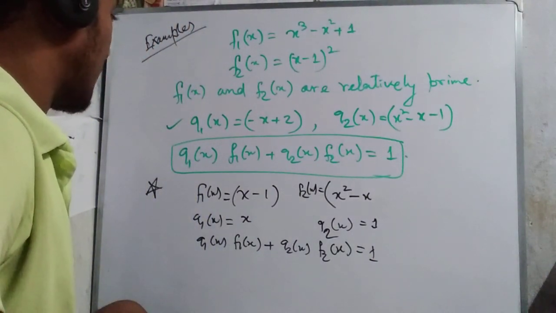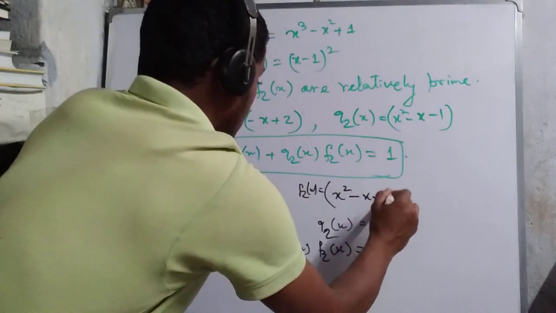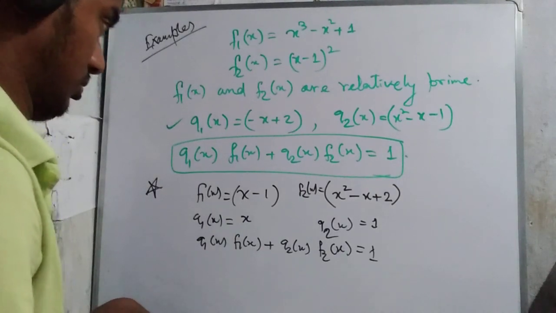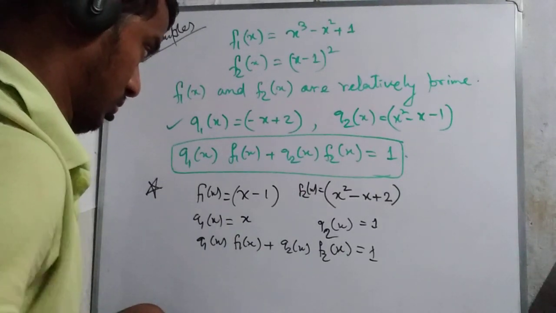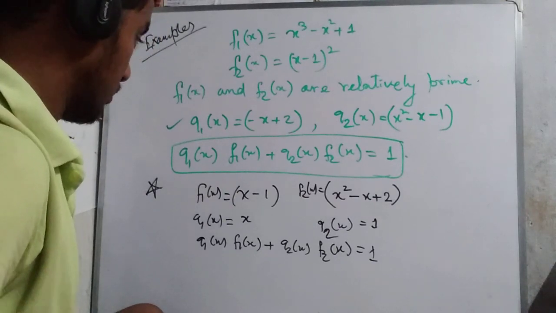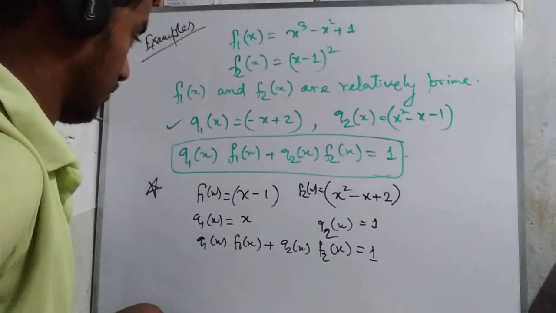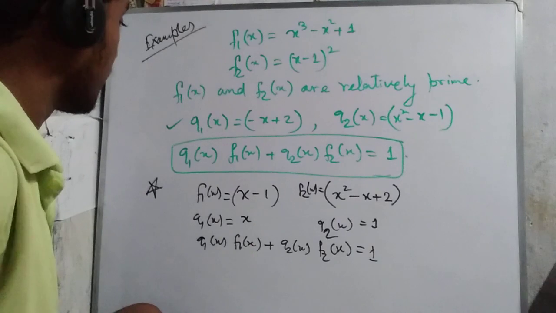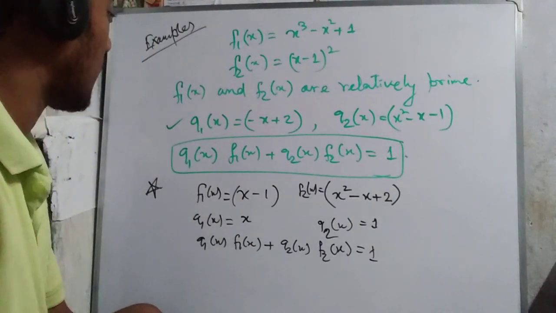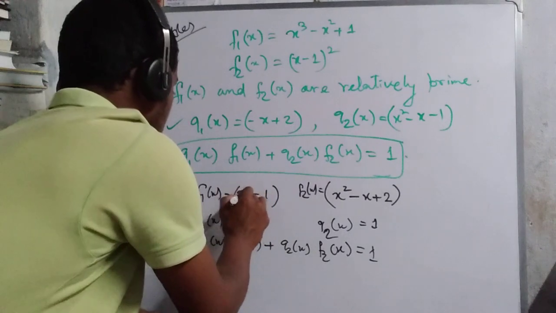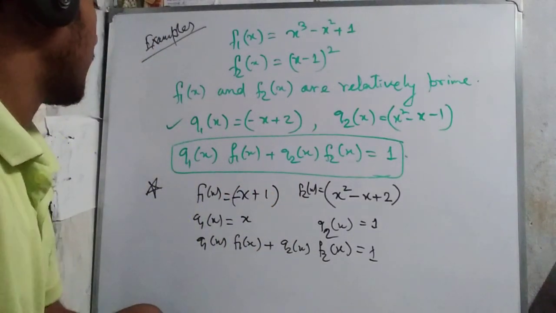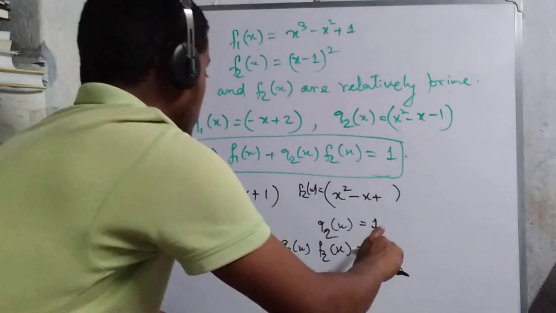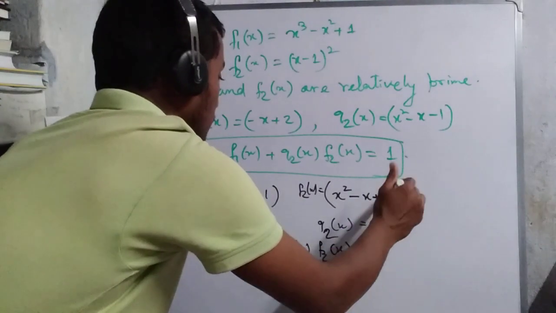That means x squared, if we write plus 2, then what happened? Here x squared minus x plus this one, we wrote this wrong. Then x squared plus x squared minus x plus 1. Plus not 2, plus 1.